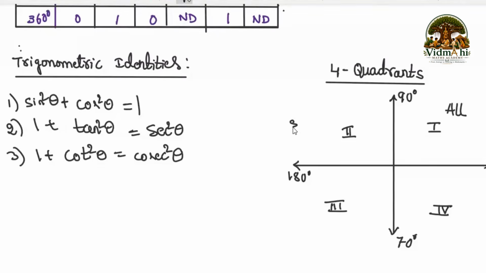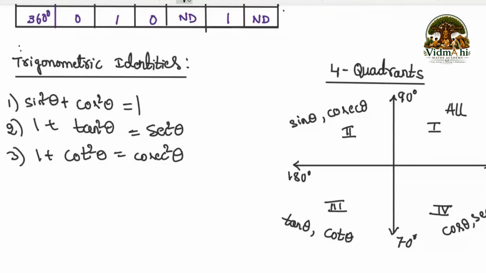And in the second quadrant, sine and their reciprocal cosec are positive. And in the third quadrant, tan and their reciprocal cot are positive. And in the fourth quadrant, cos and their reciprocal sec are positive.